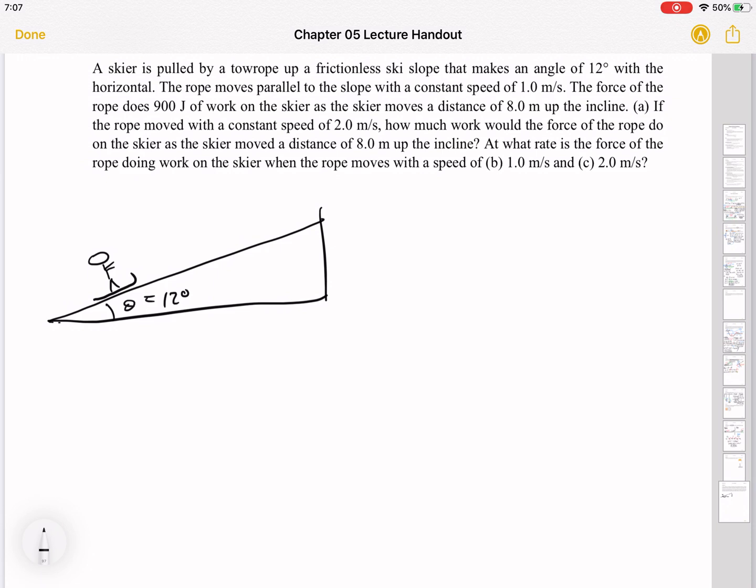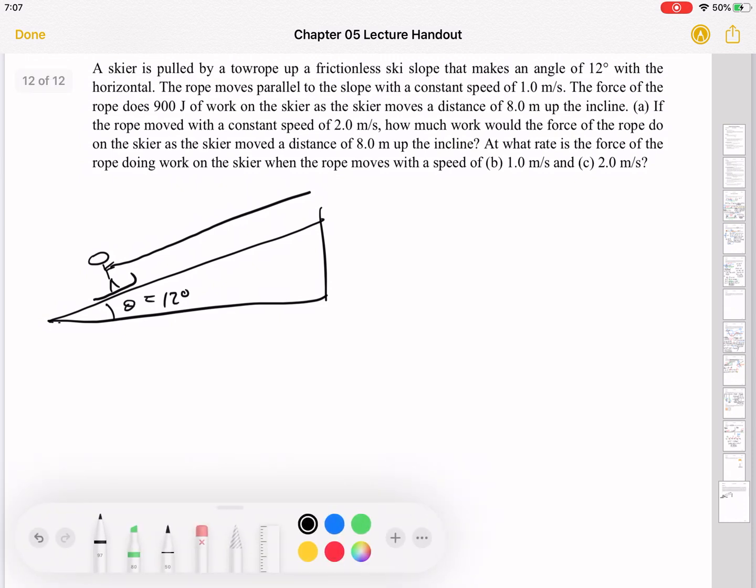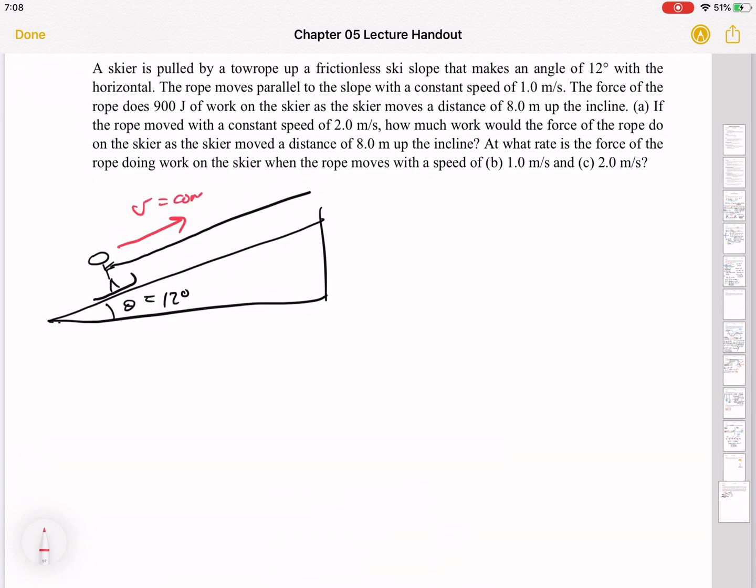And I could draw the rope there, and that's attached to something that's pulling the rope up there, and he's pulled with constant speed, so I could say there's V, and the length of the incline, we'll call it delta X, is 8 meters. And we're told that the work done in this motion is 900 joules.